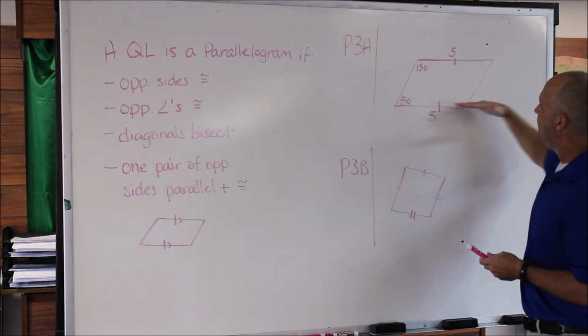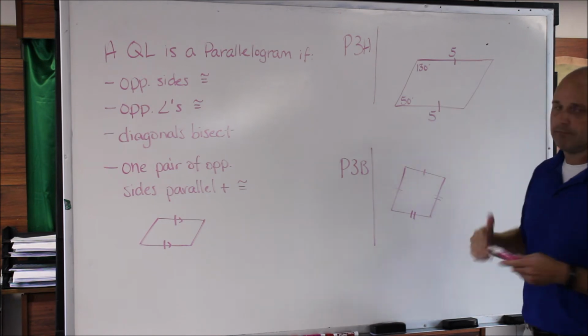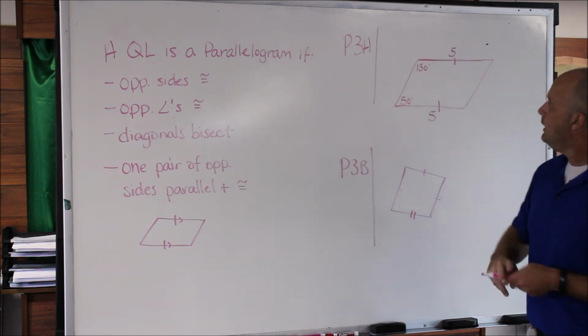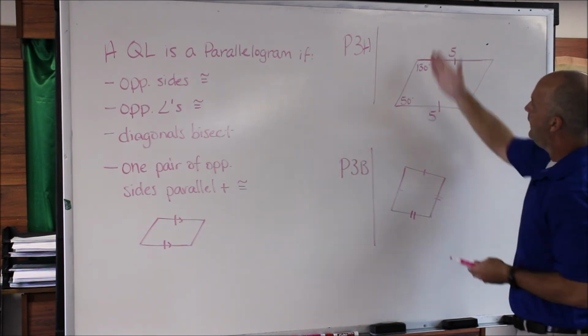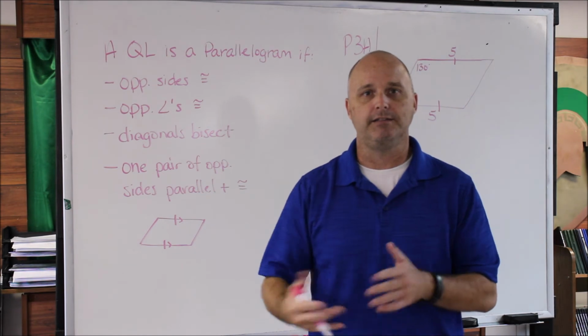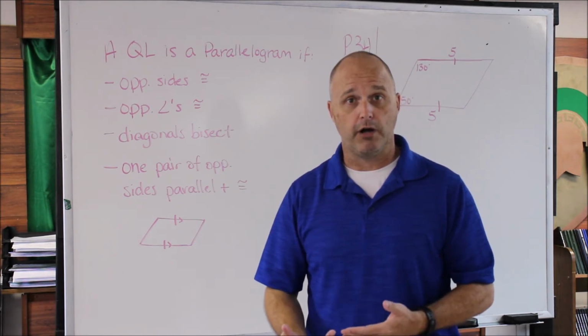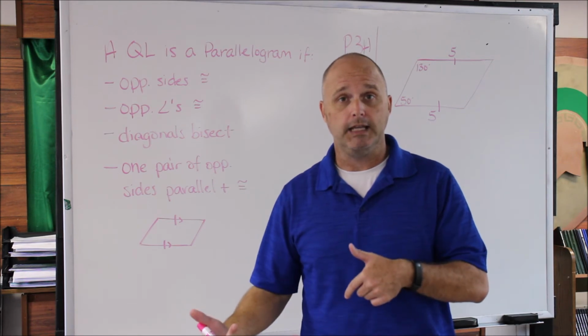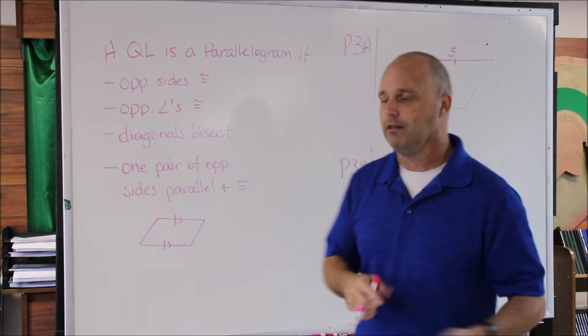And let's say that these two lines are parallel lines, and this is our transversal here. If these are parallel and this is a transversal, then the same side interior angles would have to add to 180 degrees. If the same side interior angles add to 180, then that means that we have parallel lines.